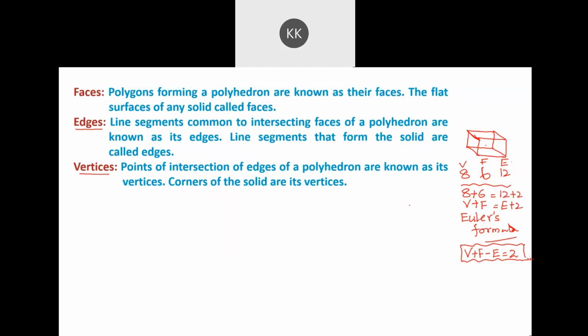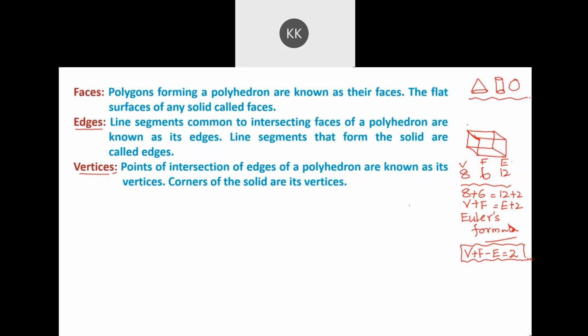This is true for those figures which have vertices. If I consider a cone or a cylinder, or a sphere, this formula doesn't suit.